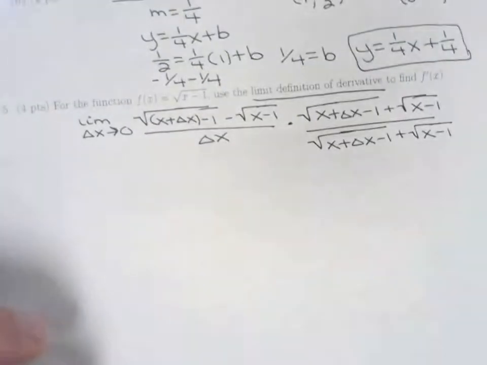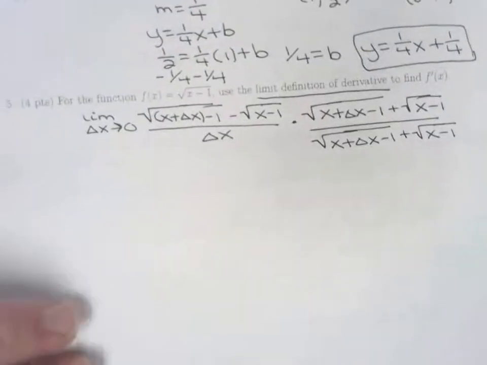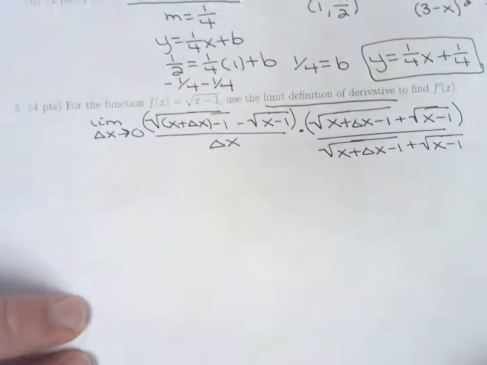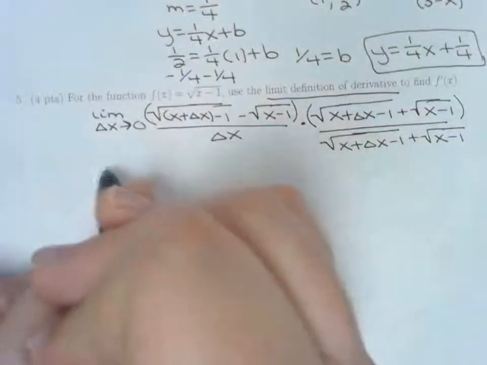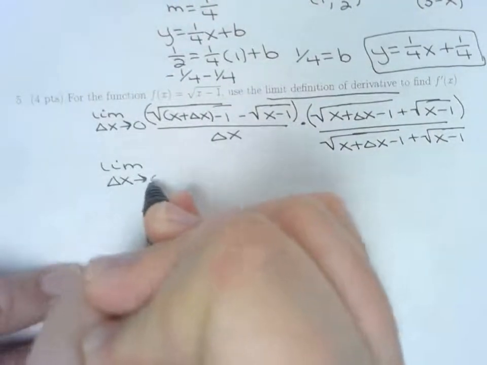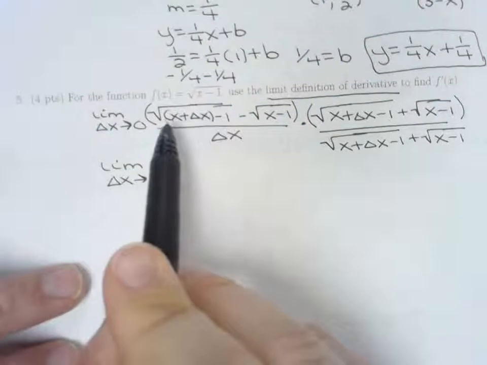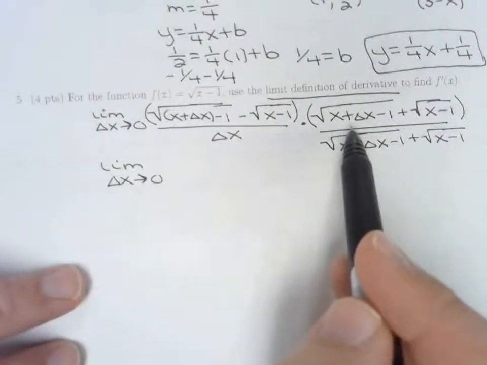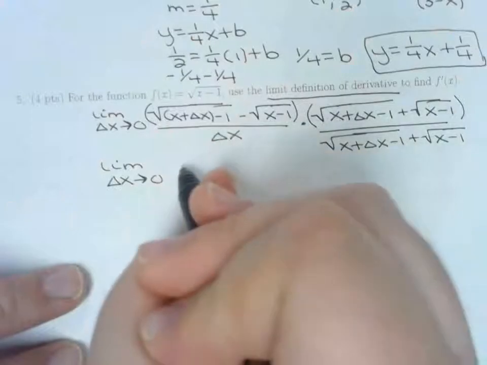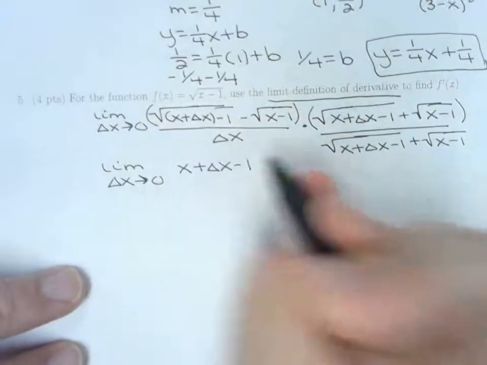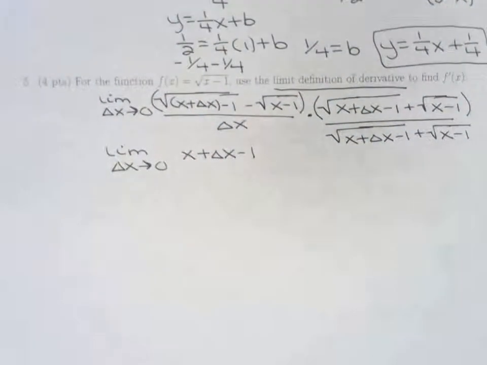We've done some like these multiple times. The top is just FOILing, multiplying a binomial. So we have the limit as delta x goes to 0. First two: square root of x plus delta x minus 1 times square root of x plus delta x minus 1. The square roots cancel, so I just have what's underneath.